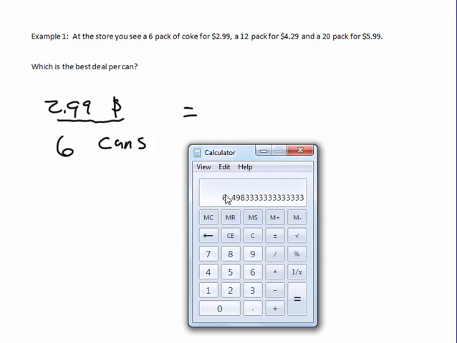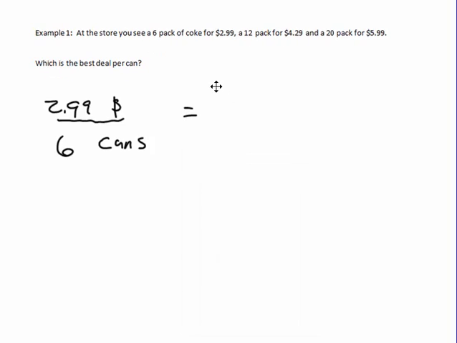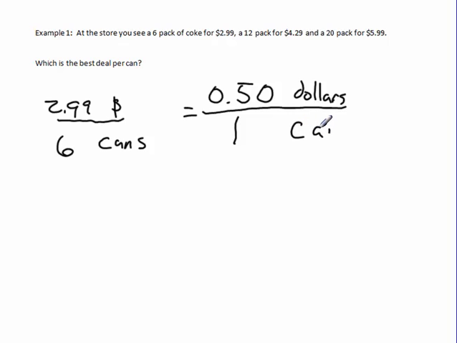Well, since they're talking about dollars and 0.498, this is really close to 0.50, and here we would say dollars for 1 can. Notice all I did was 2.99 divided by 6, and I rounded.